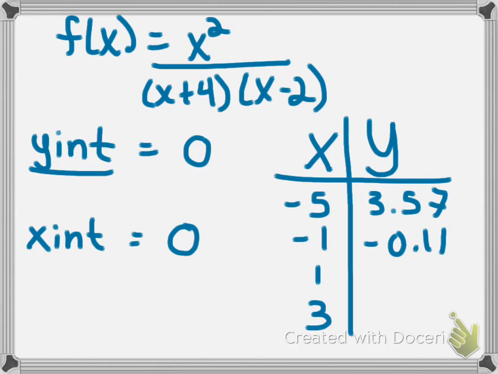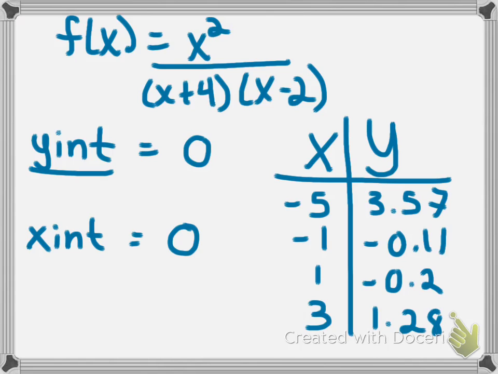If I plug in +1, see what happens when I plug in +1. And then I got, looks like -0.2. Okay, and then I'll go ahead and plug in +3. See what I get there. And then it looks like there I got 1.28.